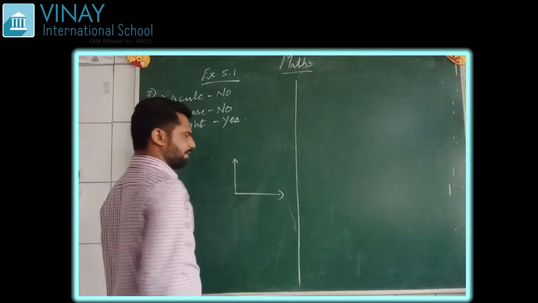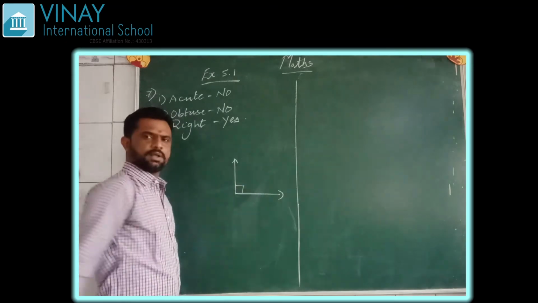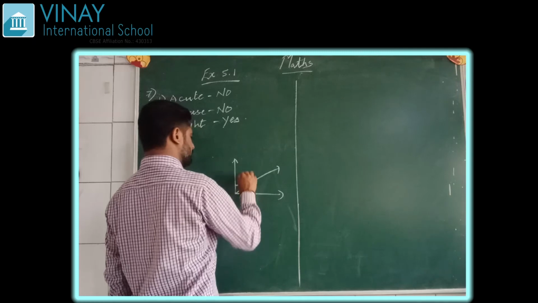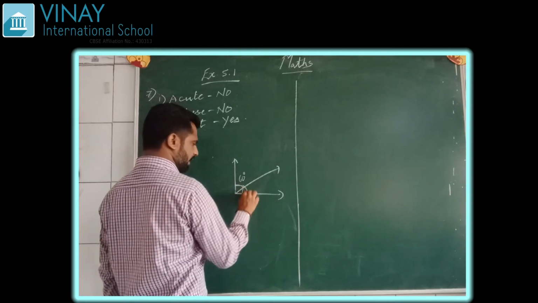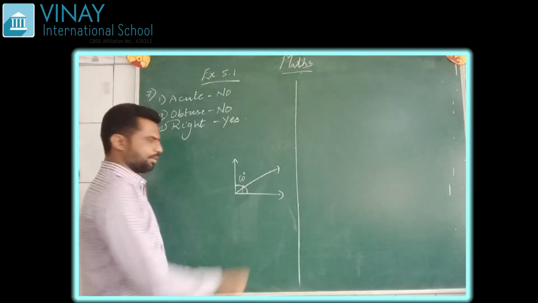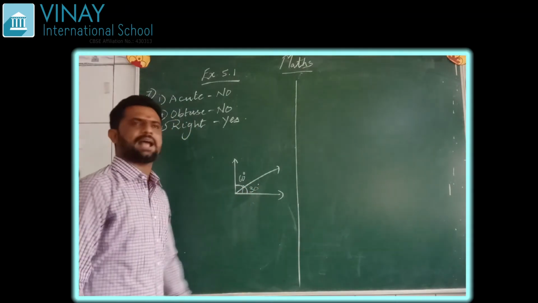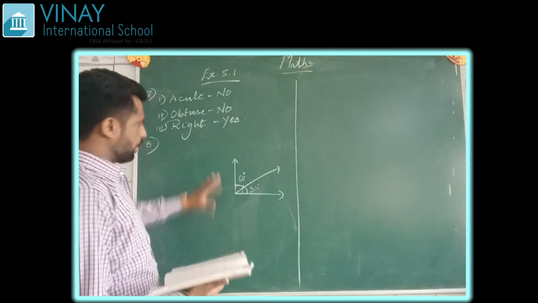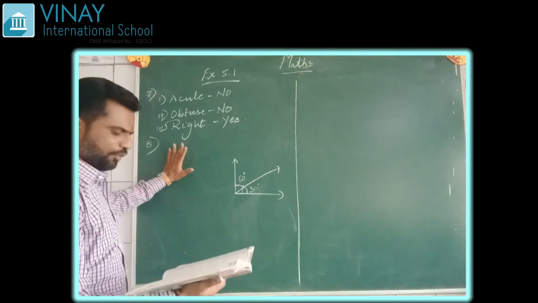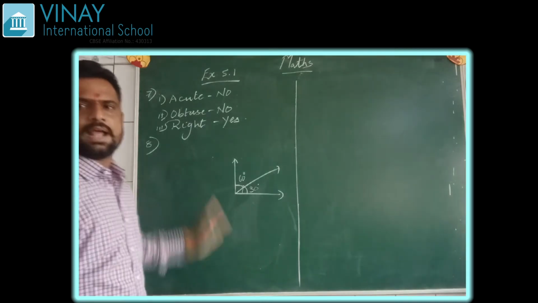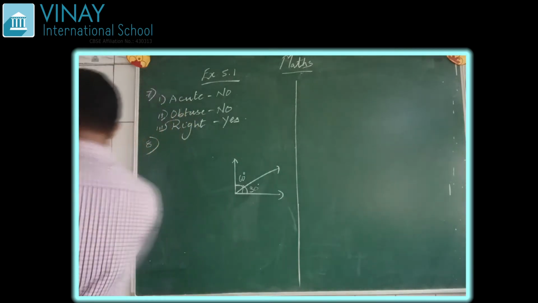This is a right angle, so it is 90 degrees. If one of the angles is greater than 45, suppose it is 60 degrees, then definitely the other angle is less than 45, which is 30 degrees or something. So if one angle is greater than 45, its complementary angle is always less than 45.